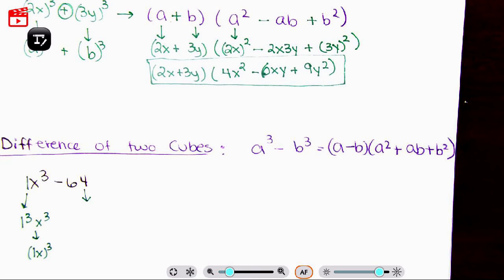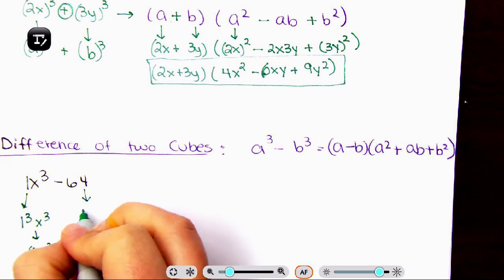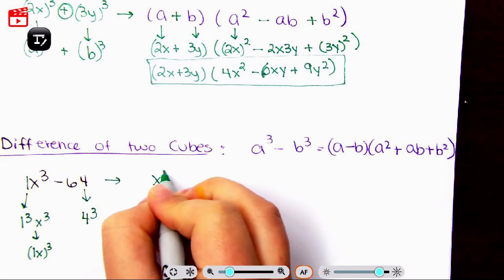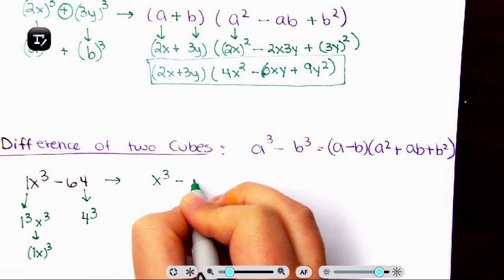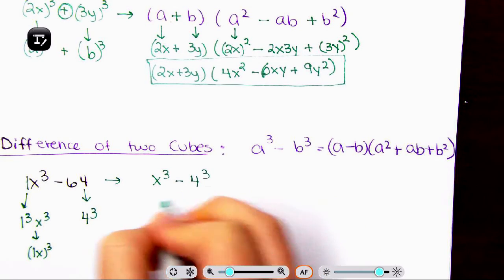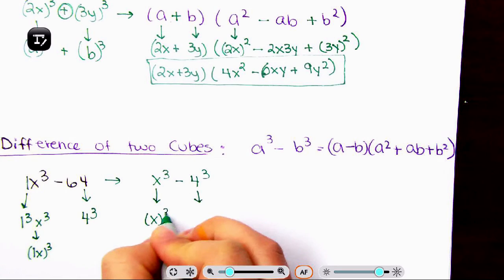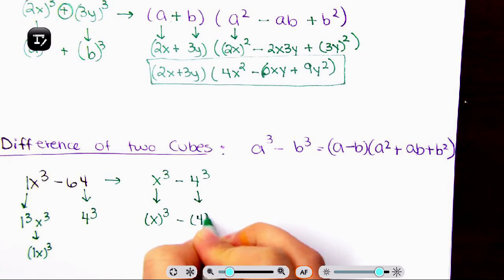However, 64, you do need to rewrite because 64 is 4 cubed. So what do we really have? We have x cubed minus 4 cubed. So what is your x cubed minus 4 cubed?